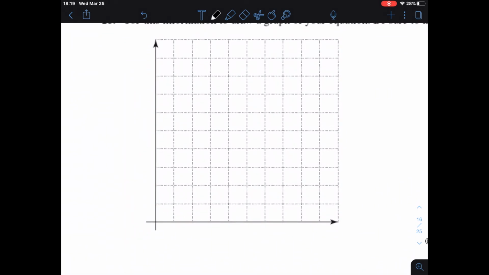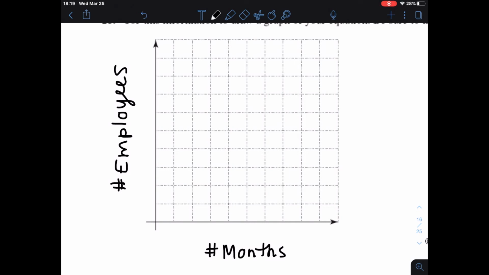On the x-axis, we're going to put the number of months that the company is open. And on the y-axis, we're going to put the number of employees. And so I'm going to start with 0 months, and I'll just go up by 1 to make it easy to graph.